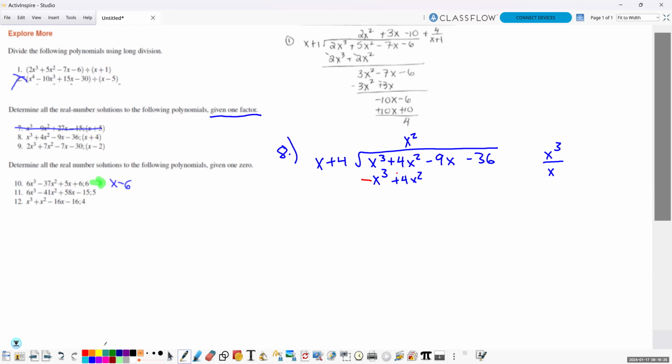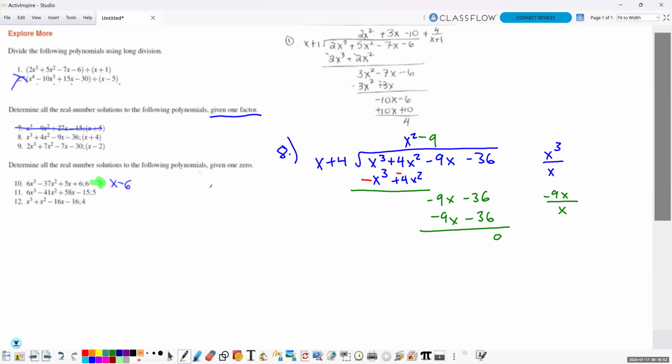I'm going to subtract and bring down. Those all subtract off, so I'm just going to bring down minus 9x minus 36, and now I'm going to have a division thought again. And multiply back negative 9 times x, negative 9 times 4. And when I subtract and bring down, I have no remainder.